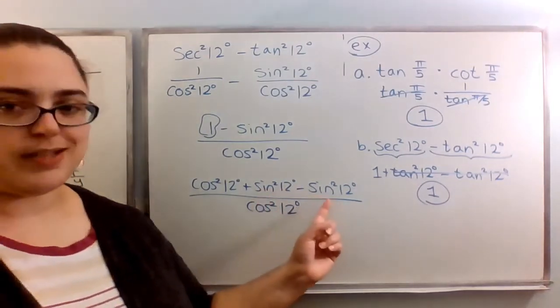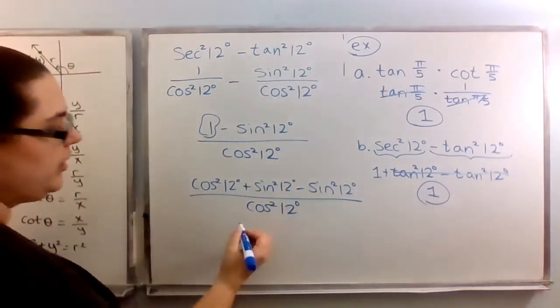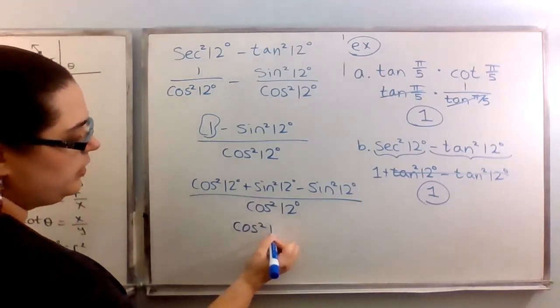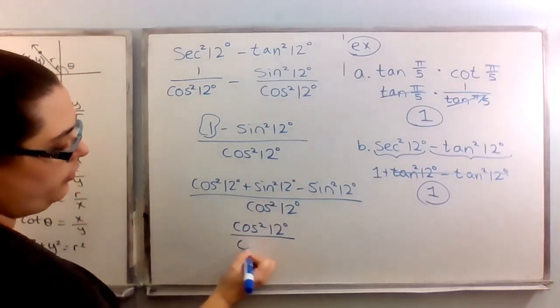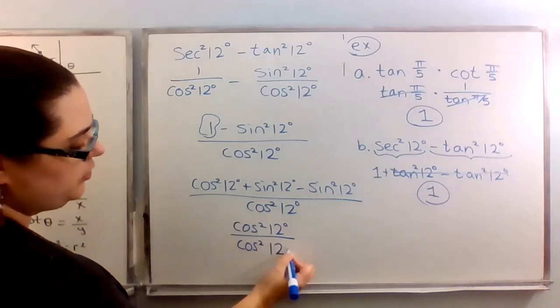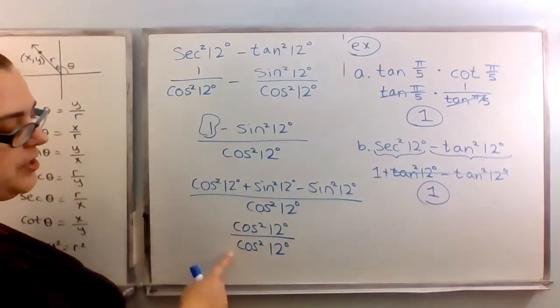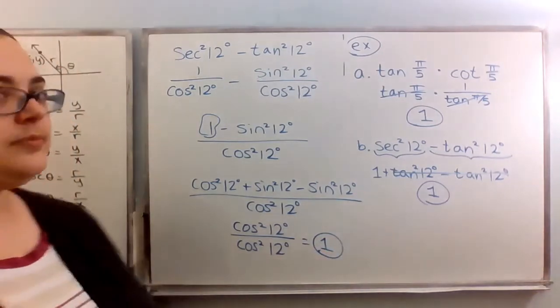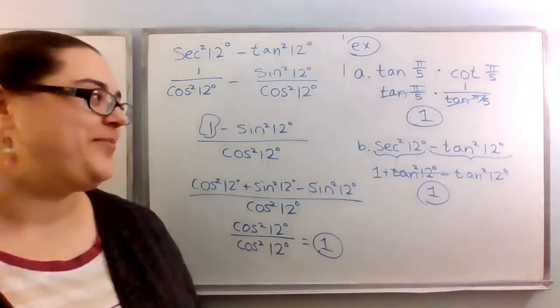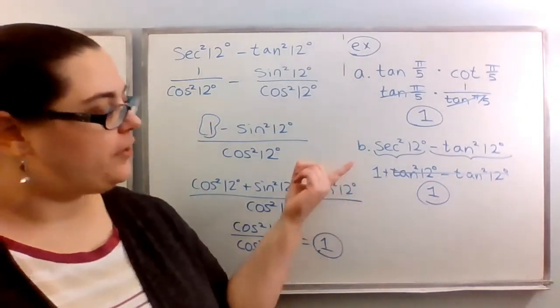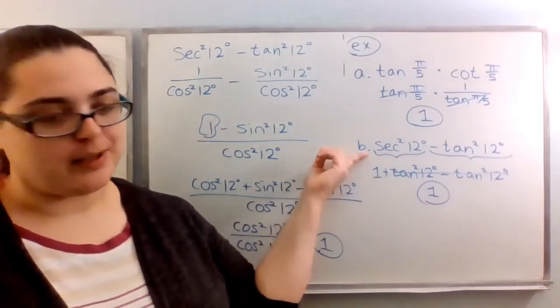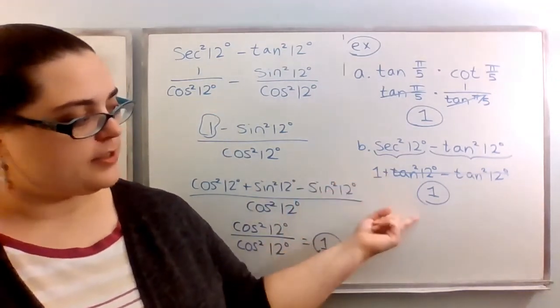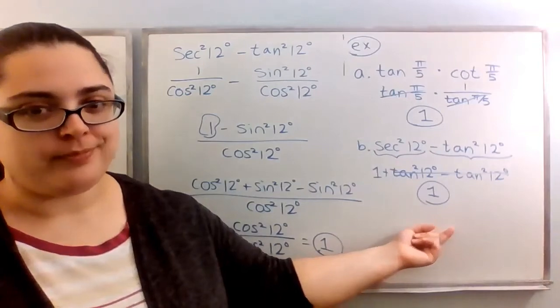Now sine minus sine is going to cancel out, and I get cos squared of 12 degrees over cosine squared of 12 degrees, and cosine over cosine is 1. Ta-da!